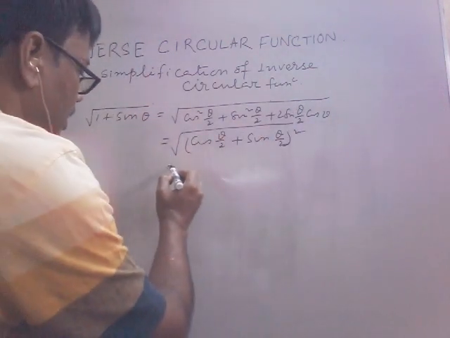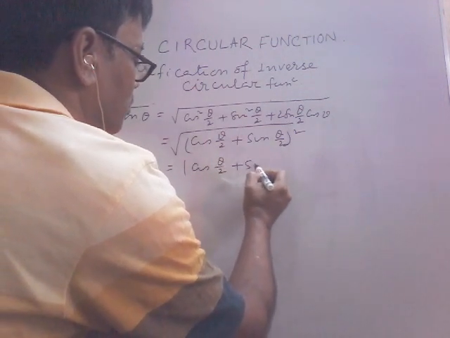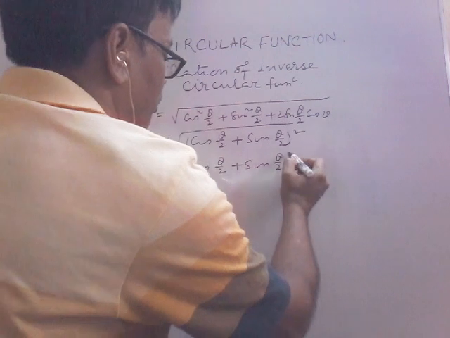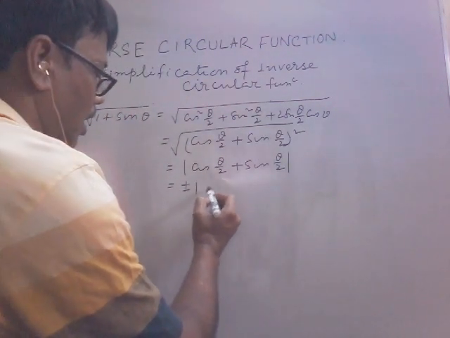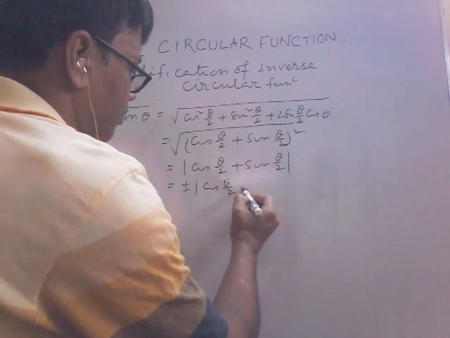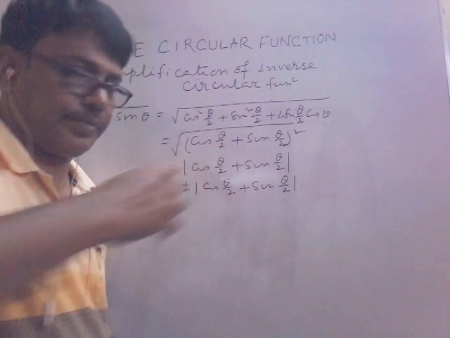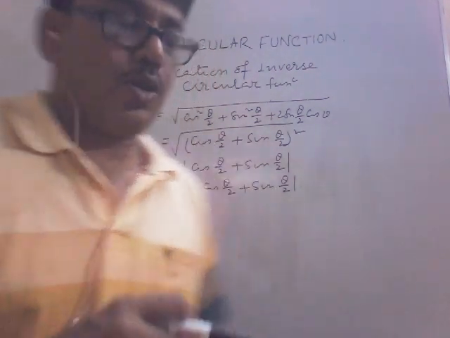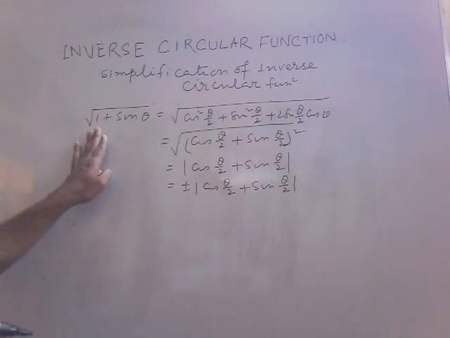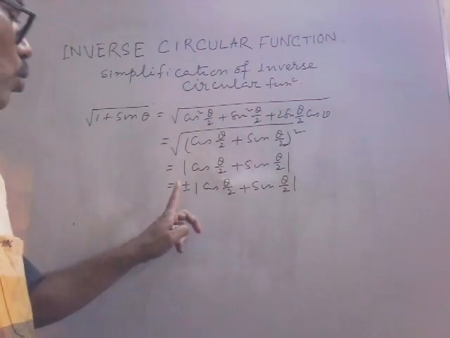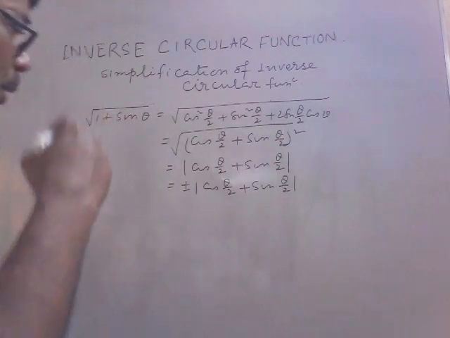So what is the result? Mod cos theta by 2 plus sin theta by 2, or you can write plus minus. Now look, if no restriction is given for root over 1 plus sin theta, we take cos theta by 2 plus sin theta by 2.